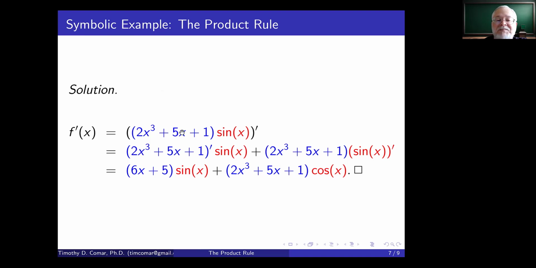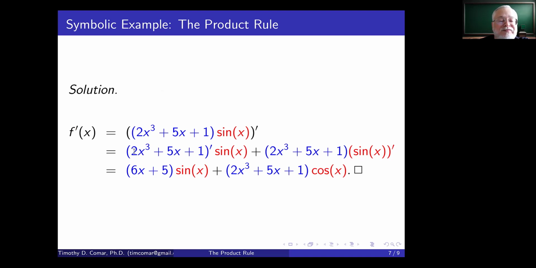Notice I've just left these prime symbols here to write out the rule formally. We can use them as a placeholder to say we still have to compute the derivatives of these two functions in the next step. That can become very useful in more complicated problems as well.